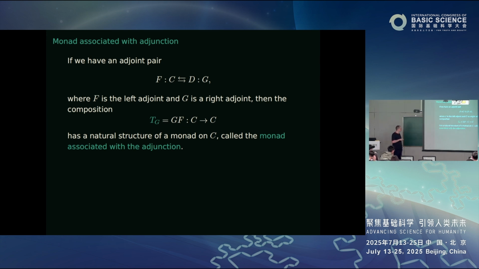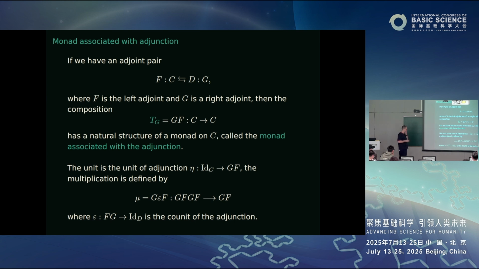Any pair of adjoint functors comes together with a unit and counit of adjunction, and you can use them to define this additional structure. Namely, the unit of adjunction will be the unit of this monad, and in order to define the multiplication map, you have to use the counit.